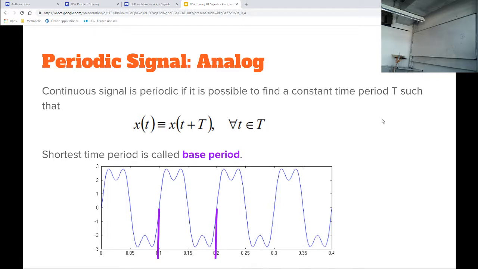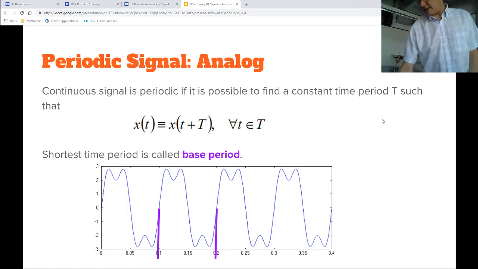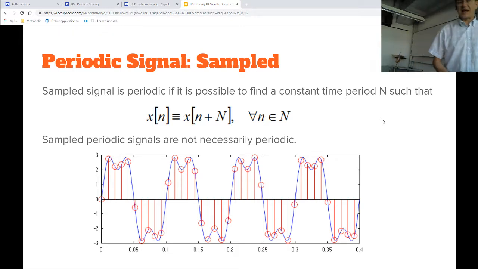Then you have the periodic signal, so it repeats itself. In the sampled world, it's not that simple anymore. Analog periodic signals are not periodic in the sampled space at all. Only arbitrarily made signals can be that way.